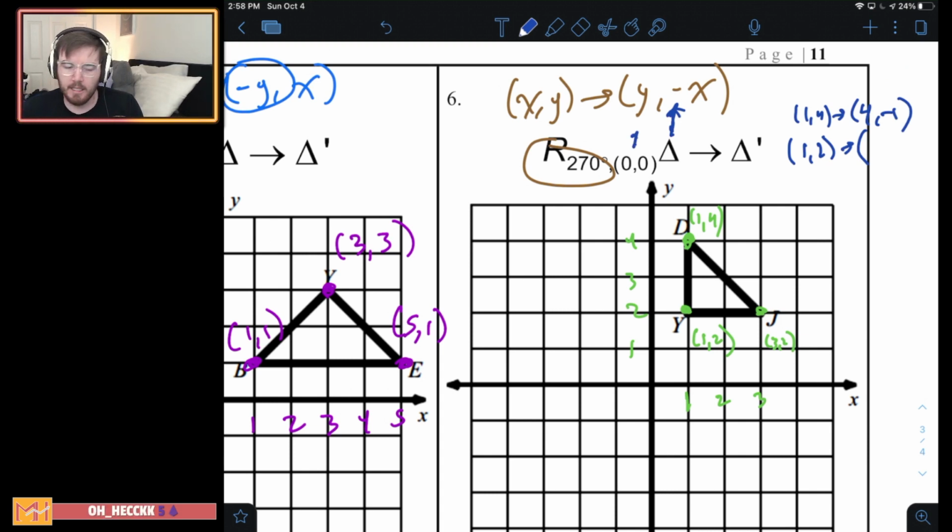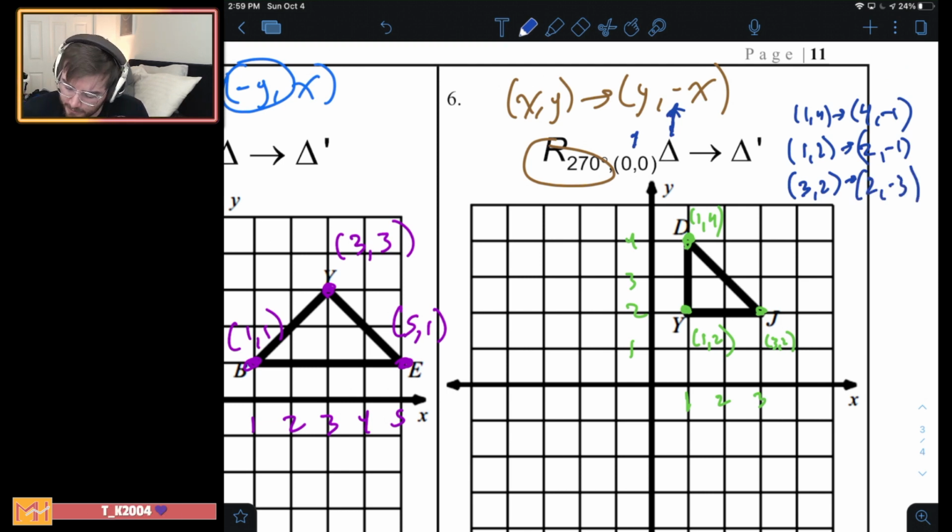So (1, -2) becomes (2, -1). And (3, 2), the x value changes signs and the points switch places. So that becomes a negative 3. Switch places, (2, -3).